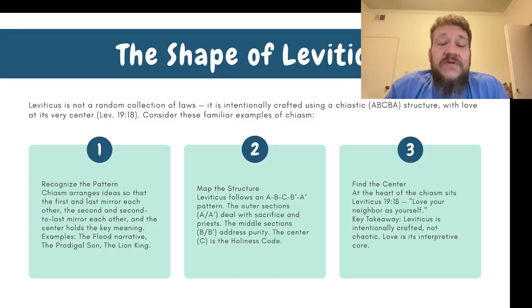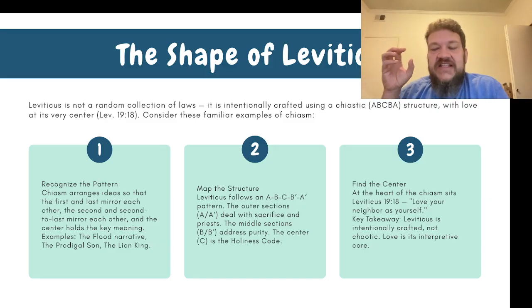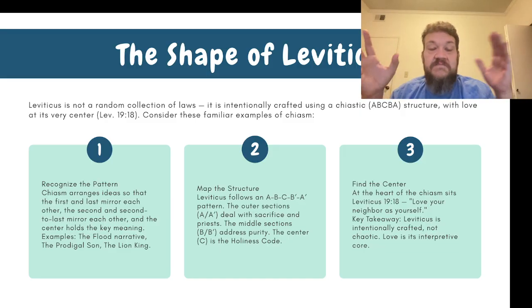Modern day examples, The Lion King. We start out with Pride Rock. Then Simba gets sent into exile because they blame him for his father's death. Then there's the transformation, Hakuna Matata. Then there's that return home, which mirrors the exile. And then at the very end of the story, you see Pride Rock again, and it's mirroring the beginning.